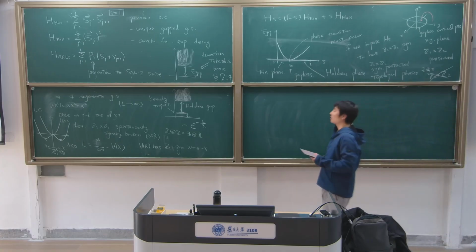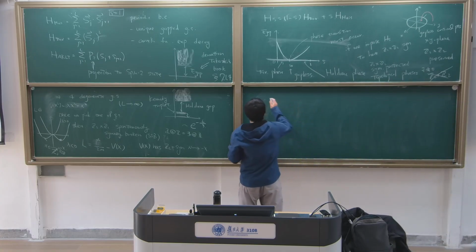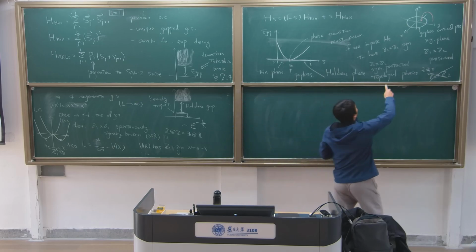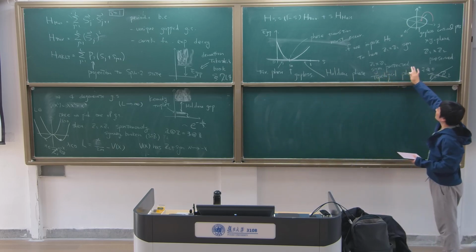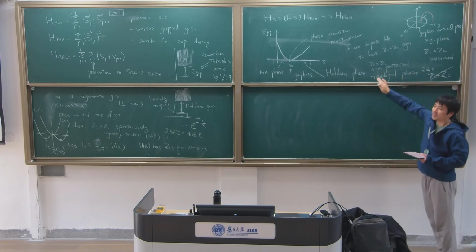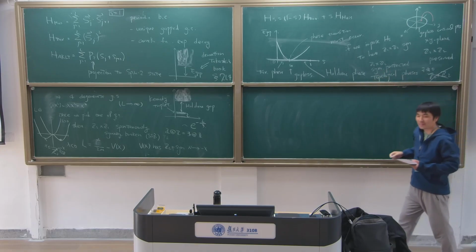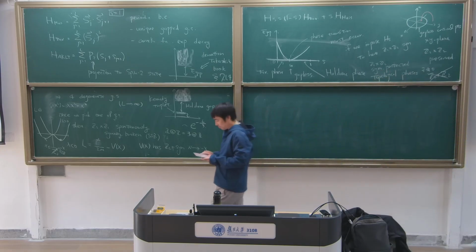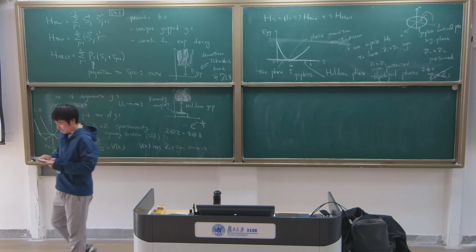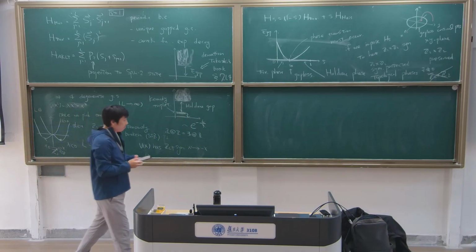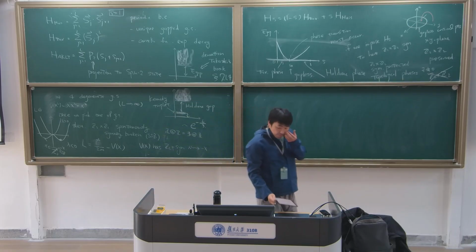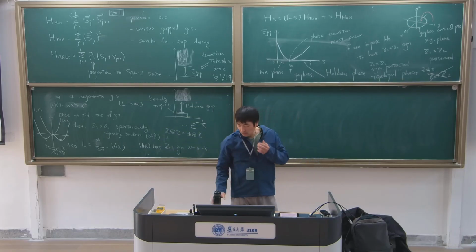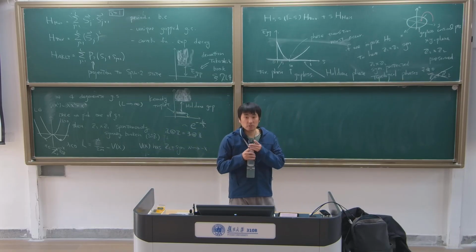And today I want to discuss why it's called topological. So we know that the phase is protected by symmetry, and why it's called topological. To describe that, we need a notion of the so-called projective representation.